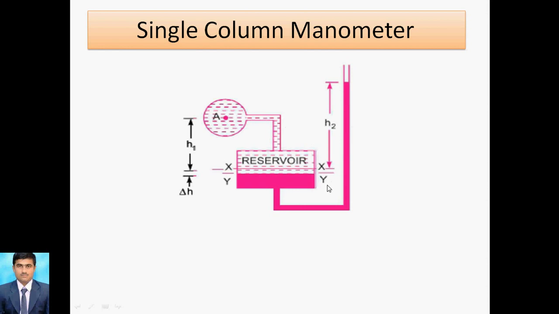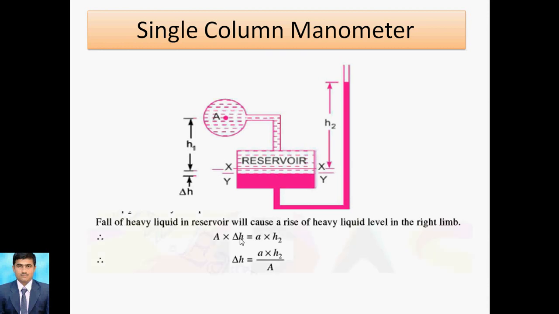The next relation is A into delta h. For the reservoir we can take A into delta h, because the smallest deflection is there and we can check this volume. If there is a change in the distance from xx to yy, that converts to A into delta h. Here small a is the area of the tube and h2 is the height.